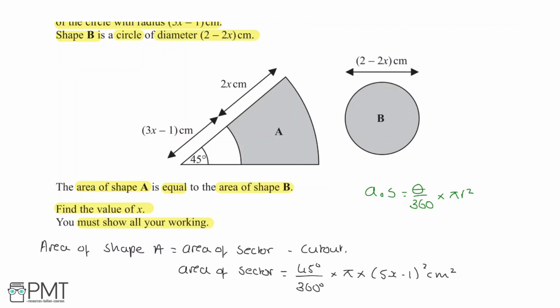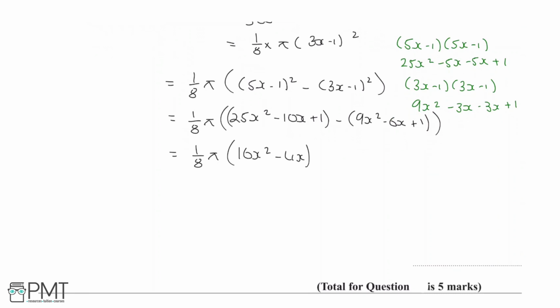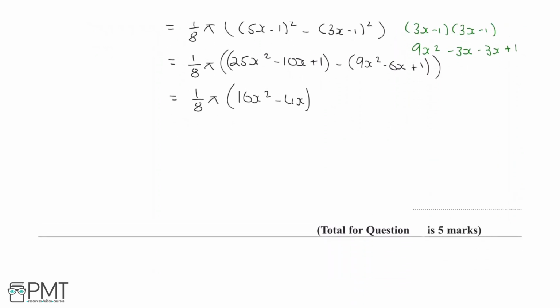So what this means is the radius equals half of this. So it's half of 2 minus 2x, which is going to be 1 minus x, like that. Okay, so what we can say is area of B equals pi times the radius squared, and we said the radius is 1 minus x, squared.